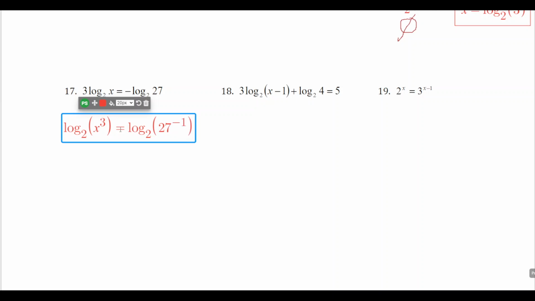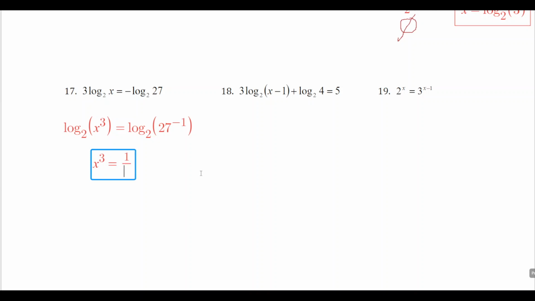All right. So at this point, I can just drop the log base 2's, and I'll have x cubed equals 1 over 27. And so I want to take the cube root of both sides, and the cube root of 1 is 1, and the cube root of 27 is 3. So we get x equals 1/3. Do a quick domain check, and we don't have any problems with that one. So that's our solution.